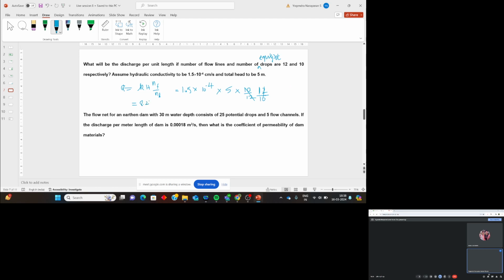8.25 into 10 to the power of minus 4 centimeter cube per second. Convert this.